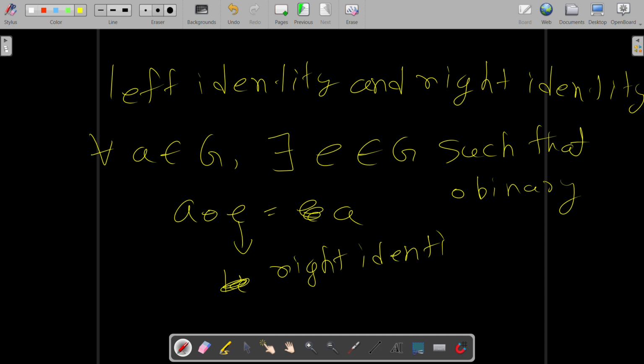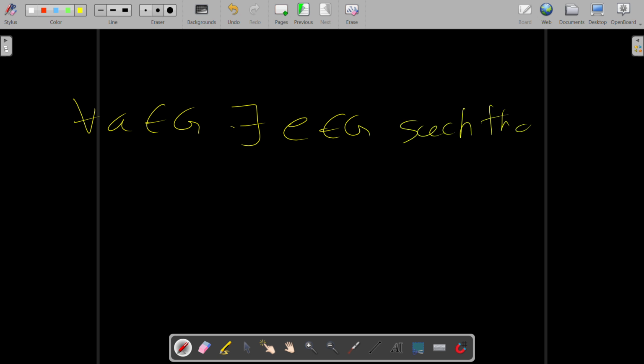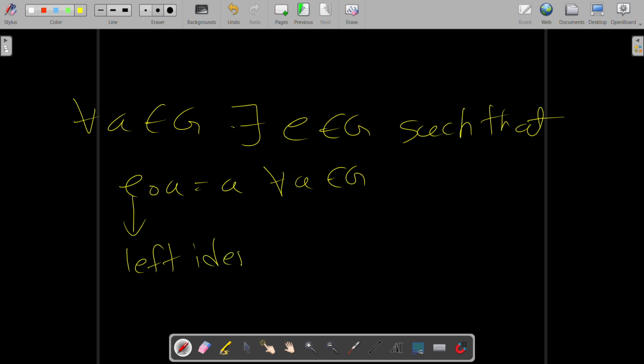As you can see, this is composing on the right side, so we call this the right identity. Similarly, if for all A belongs to G, there exists an element E belongs to G such that E not A is equal to A, then this E is called the left identity, as it is composing from the left side. Obviously, this not is the defined binary operation on the groupoid.